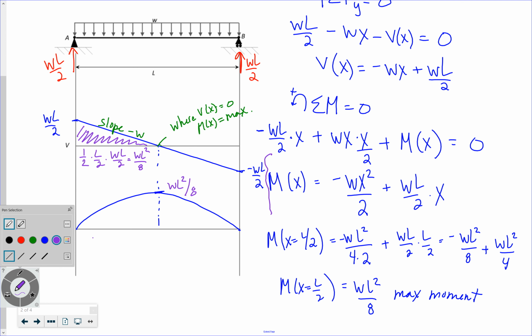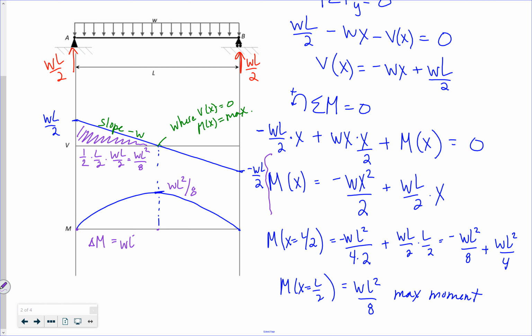So my change in moment from 0 to L over 2 is WL squared over 8, right? Matches this area.